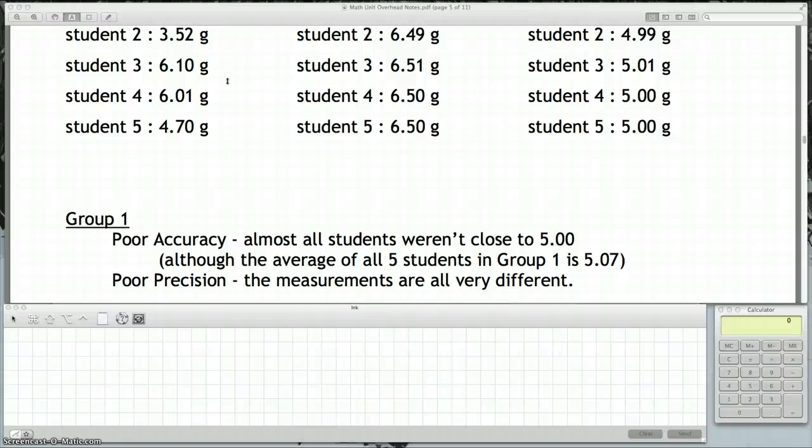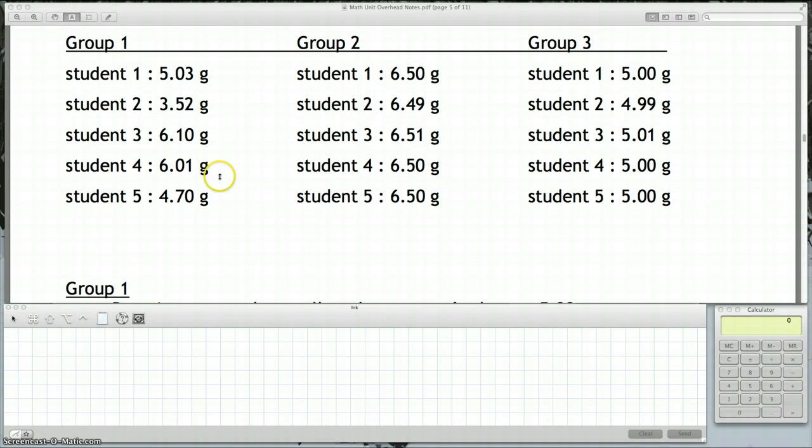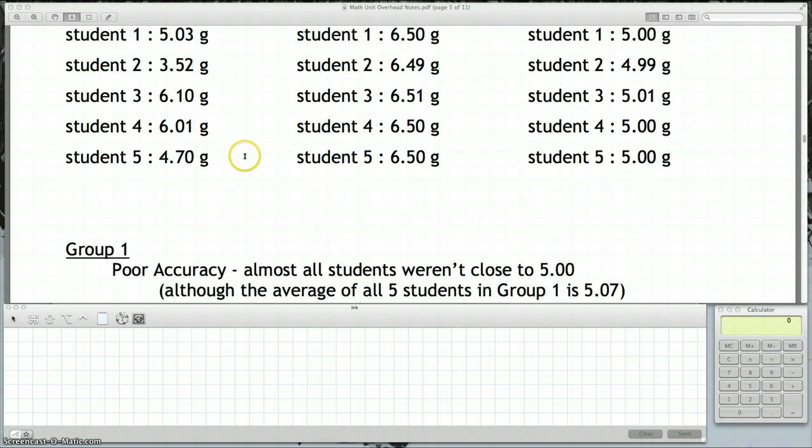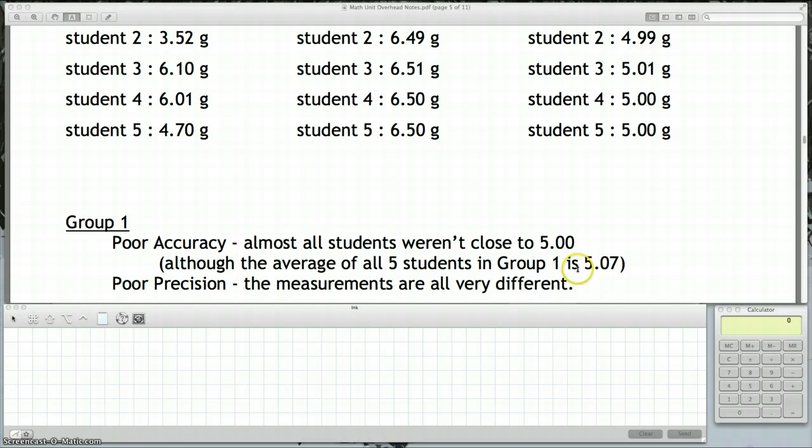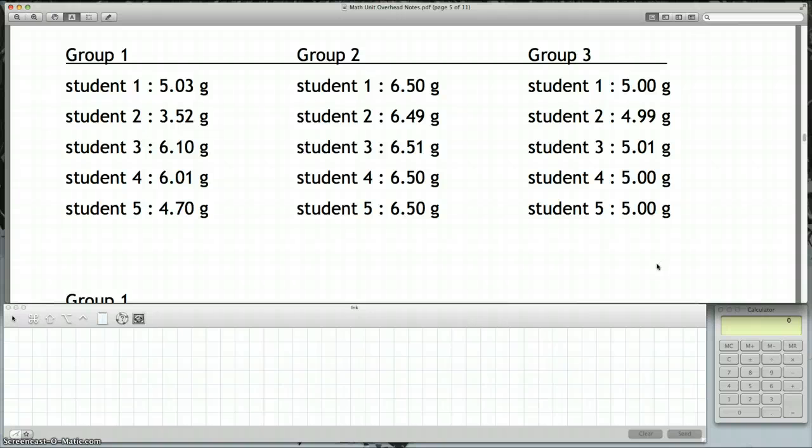You could argue that if you took the average of these students in group 1, you end up with an average of 5.07, which isn't all that bad. So you could argue that the average for the group has somewhat good accuracy. But definitely the precision is poor, because the numbers are all over the place.